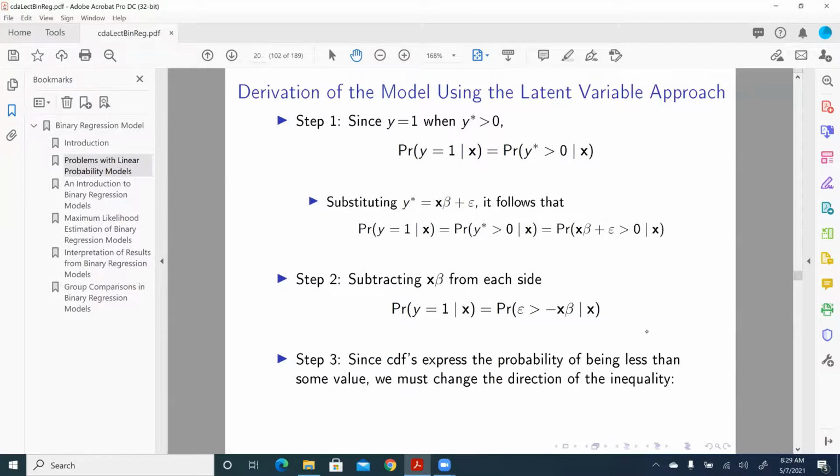Well, what we're trying to get at actually is a cumulative density function. That is, we want an equation like the probability of epsilon smaller than something. Why? If you remember the introductory statistics course, you learned the z-score. And how do you calculate the probability for a z-score?